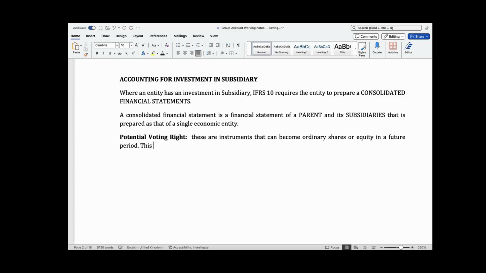So this must be considered. These instruments must be considered in determining whether an investor has control over the investee. Because don't just look at 50% holding now, so I have control. We have more than 50% holding now, so I have control.